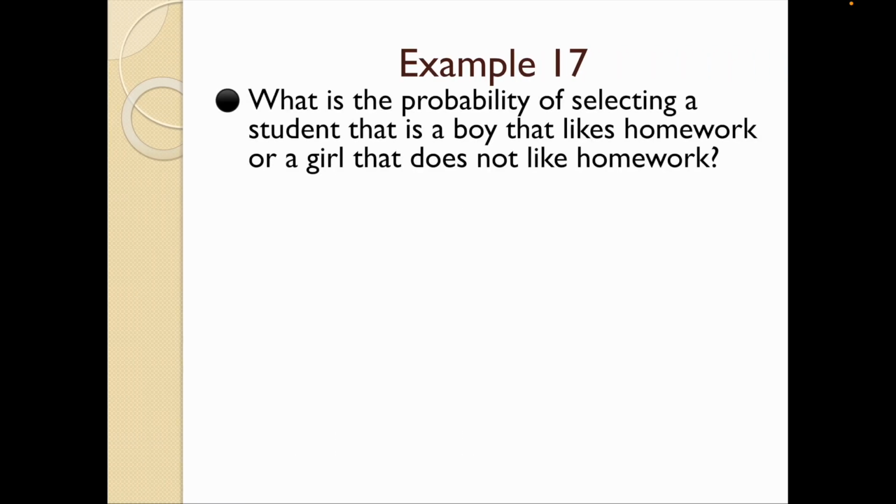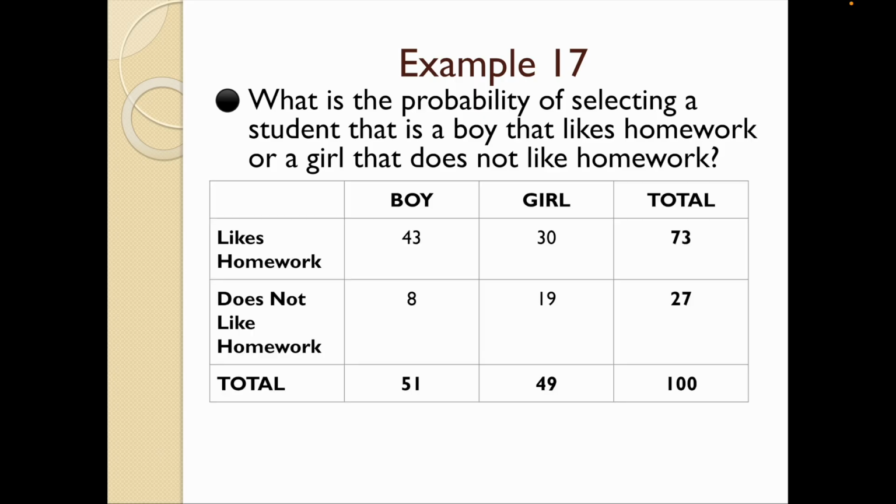So, let's look at this one now. What is the probability of selecting a student that is a boy that likes homework or a girl that does not like homework? 62 out of 100. So, how did you get that? Cross adding. Break it down for me.